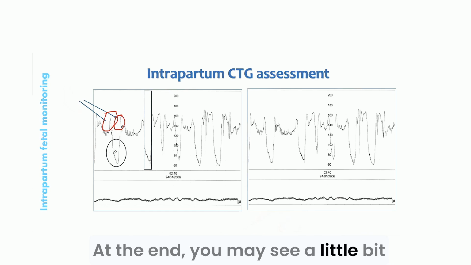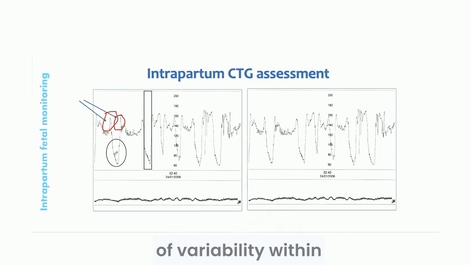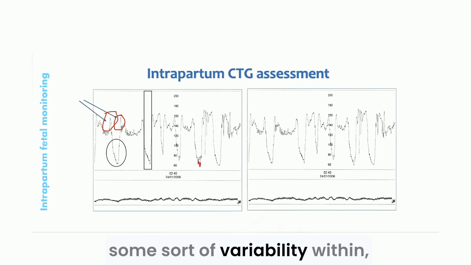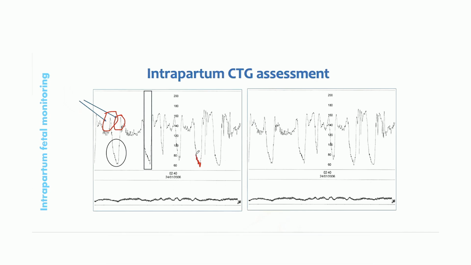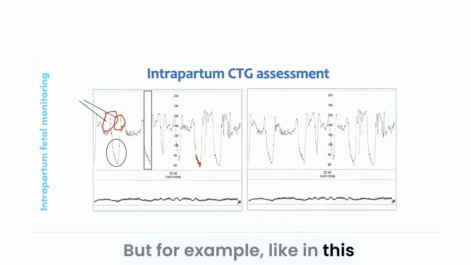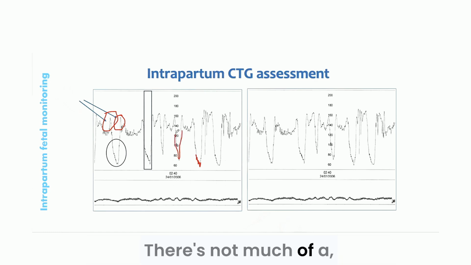You may see a little bit of variability within the deceleration itself, as we can see here. But in this one, the deceleration is completely smooth. There's not much variability in it.